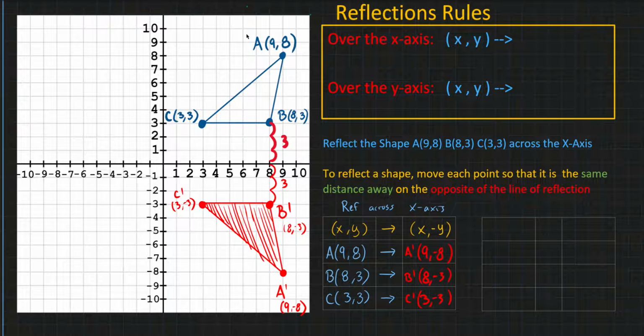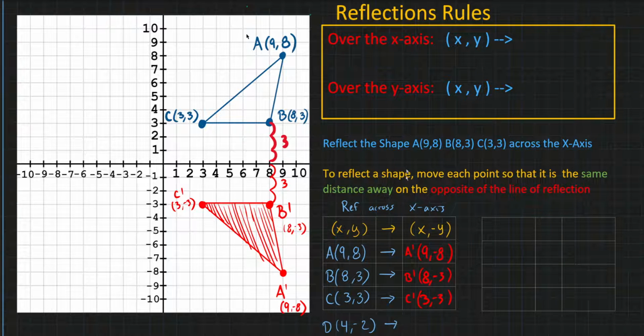When I'm reflecting across the x-axis, a really easy way to do that is just to take the points and flip the sign of the y values. So (9,8) became (9,-8). (8,3) became (8,-3). (3,3) became (3,-3). And let's say I had a point D, and let's make that point (4,-2).